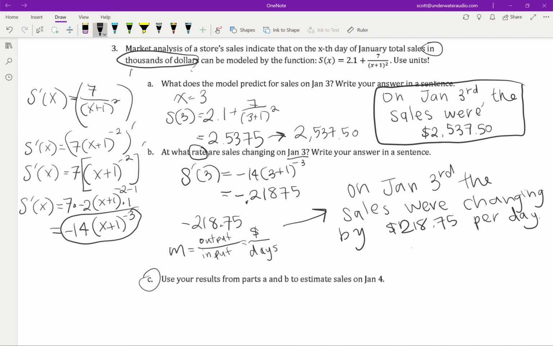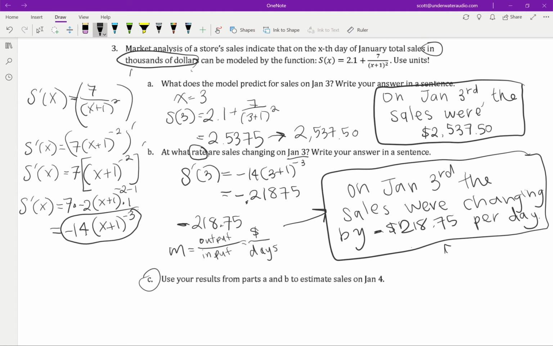Okay, so I've got two pieces of information here. On January 3rd, the sales were $2,537.50. On that same day, the sales appeared to be changing by $218. Oh, and actually, I think it's a negative. So they were changing by negative $218.75 per day. That means it's going down, decreasing.